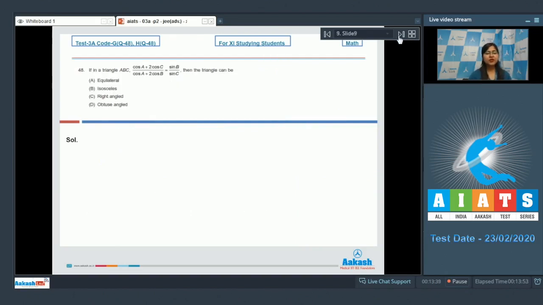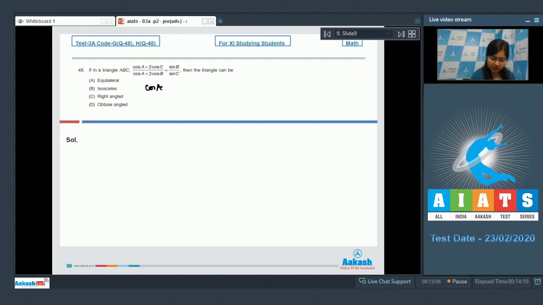Next is question number 48, which says: if in a triangle ABC, (cos A plus 2 cos C) divided by (cos A plus 2 cos B) is equal to sin B upon sin C, then the triangle can be. Let's firstly cross multiply.